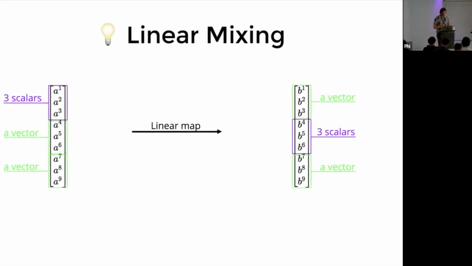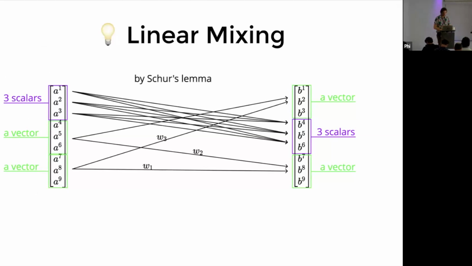Linear mixing is very useful to make a neural network. Let's say you have a certain number of representations, and you want a linear map that gives you other representations, and you want this linear map to be equivariant. It happens that the only way to do that is by mixing the representations of the same kind together.